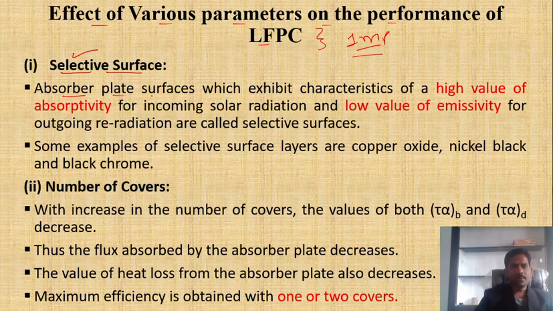So observer plate surface which exhibits the characteristics of high value of absorptivity for incoming solar radiations and low value of emissivity for outgoing re-radiation is called a selective surface. So some examples of selective surfaces are copper oxide, nickel black और black chrome.